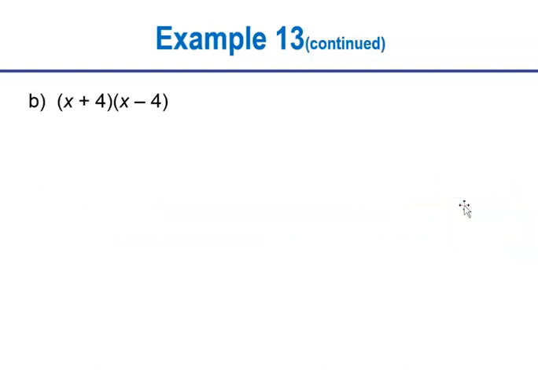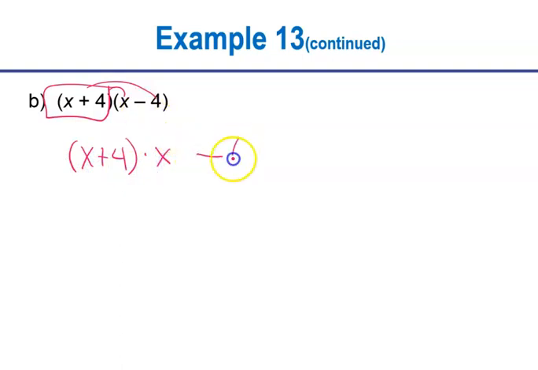Let's try example B. Okay, so we're going to distribute, again, across subtraction. Let's not do this one two ways just to avoid a little bit of confusion. So I'm going to distribute the entire x plus 4 times x, and then once again times 4. So that's going to be x plus 4 times x, bring down the subtraction, and then x plus 4 times 4.